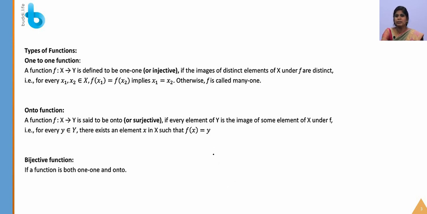A function f from X to Y is defined to be one-to-one if the images of distinct elements of X under f are distinct. That is, the images of X are unique under f.